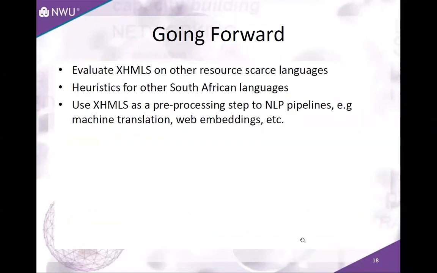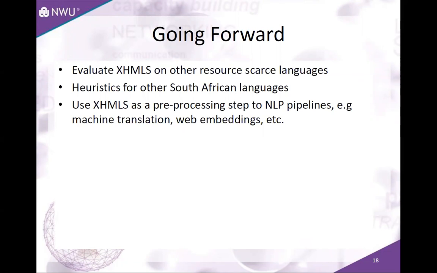Oh, sorry, going forward, our intention is to use this work for other languages. For example, there are 3 more Nguni languages that could be checked on this, so we're going to go into that. And also, it will be interesting to see what the heuristics of the other languages in South Africa actually have, and maybe we can piggyback on that.